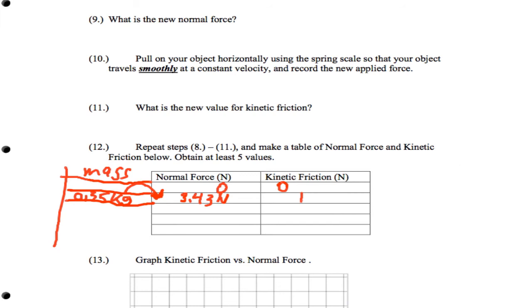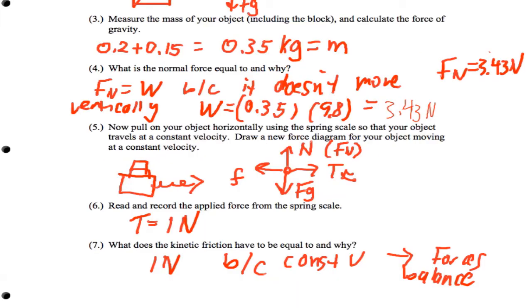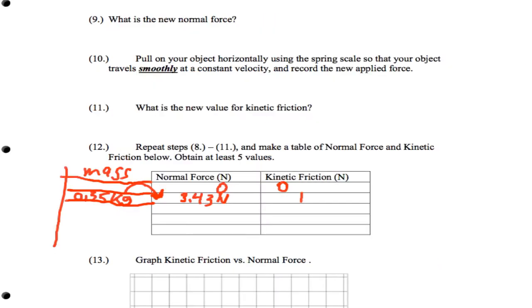So now this is data for 0.35 kilograms where we've got two masses. What you'd want to do for your next data point is you'd want to have one more 100-gram mass. So 1, 2, 3. So this is now 0.3 kilograms. This is 0.15 kilograms for the block still.